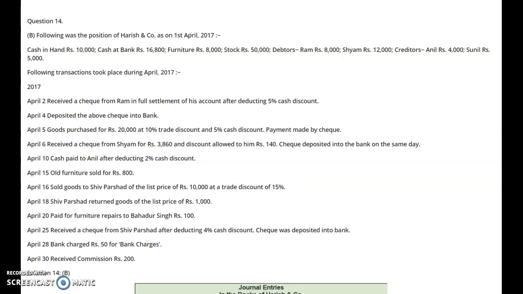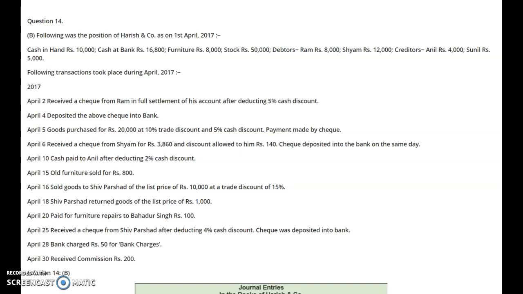Now at the beginning of the next year, those balances are to be brought forward. When those balances are to be brought forward, an entry is to be recorded which is called the opening entry. For recording the opening entry, a very simple rule is there: all the assets are to be debited and liabilities and capital are to be credited.